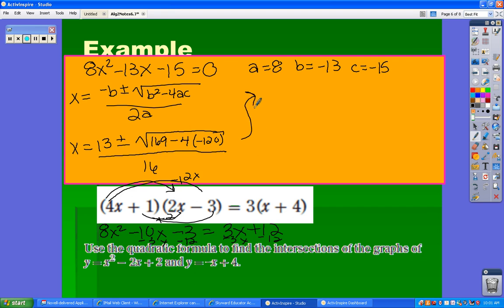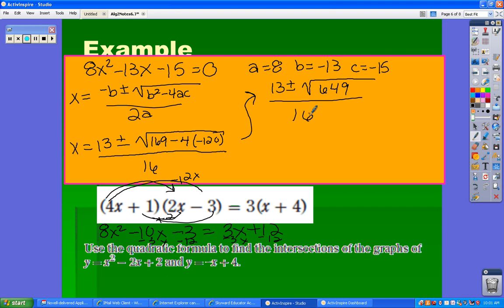Okay, let's go up here now. 13 plus or minus the square root of 169 plus 480, I think, 649. If I make a mistake, you guys are going to go crazy, so let me double check that. Okay, I got that right. All over 16. Does the square root of 649 work out nicely?